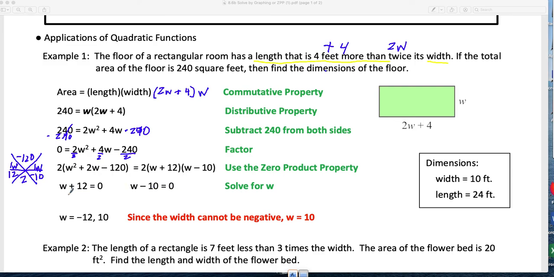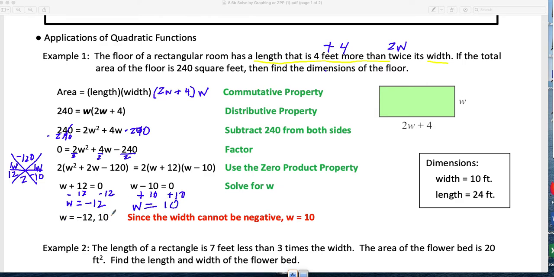And if I subtract 12 from both sides here, that gives me one width that could possibly be a negative 12. And if I add 10 here, then that gives me the other width could possibly be a positive 10.